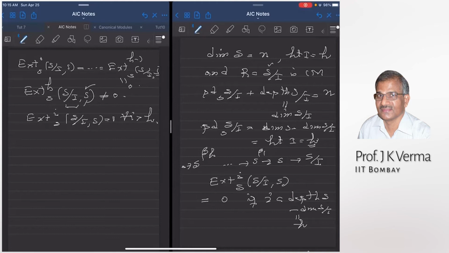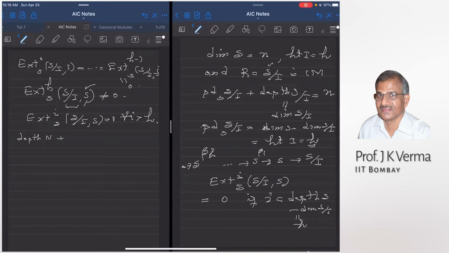Does anybody see why the later Ext^i, for i bigger than H, are 0? Do you recall a formula where the supremum of i where Ext^i(M, N) is non-zero was looked at? Remember this formula: suppose you have a local ring and M and N are finitely generated.